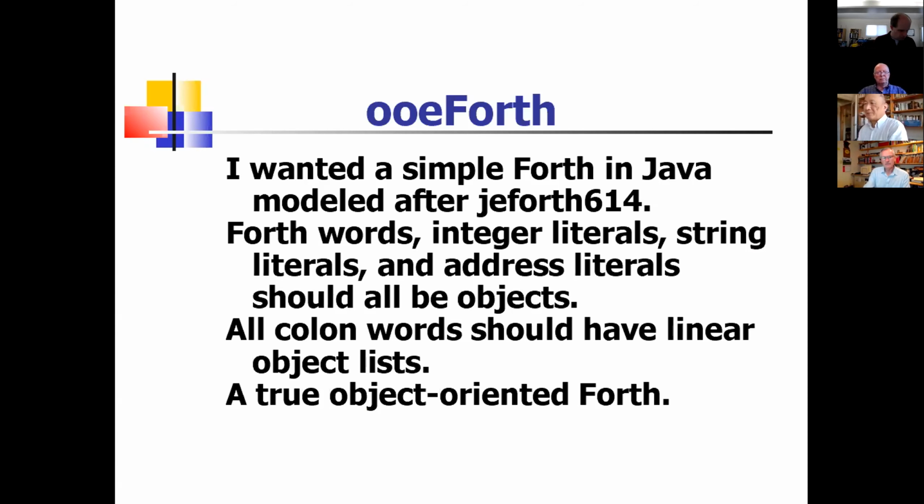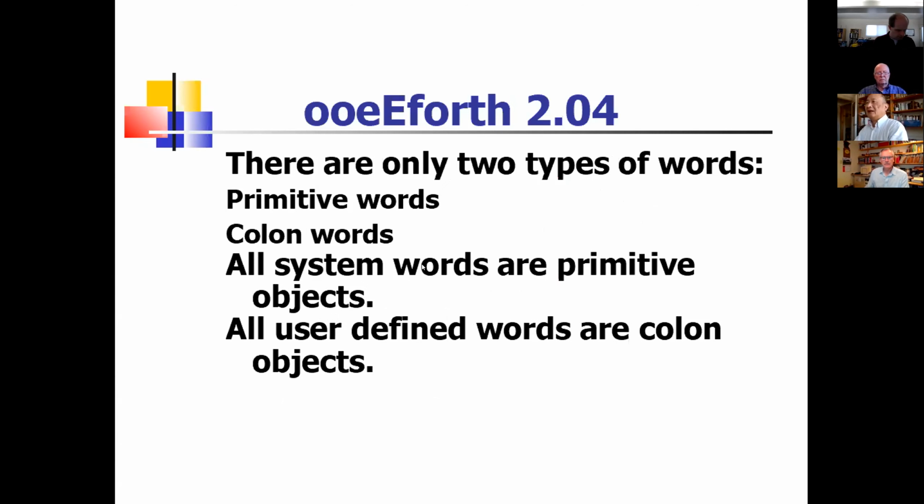A true object-oriented Forth. So in this implementation, there are only two types of words, primitive words and colon words. Primitive words are the system words, which are called the primitive objects. All user-defined words are colon objects, or colon words.